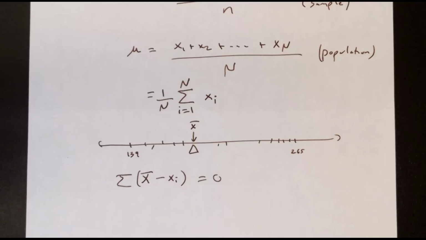Yes, sir. Matter of fact, it's going to go up quite a bit, isn't it? We can think of taking that one little weight, shoving it way out, and it's going to pull everything down. I'm going to have to move this fulcrum over to get it to balance again. To that end, this idea of a center is very sensitive to extreme values.